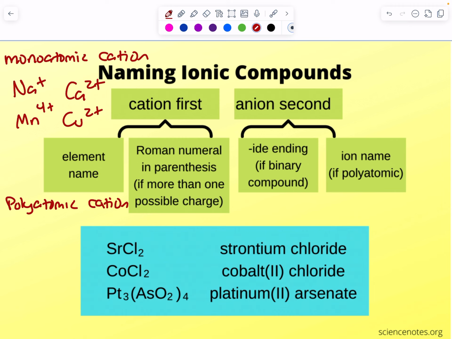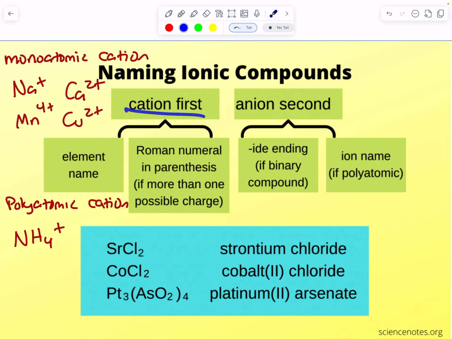Another type of cation that you might come across is the polyatomic cation. There's only one polyatomic cation that you know of, ammonium. Polyatomic, so multiple atoms. I have multiple atoms here, and it's a cation, it's positively charged. Those are the two types of cations that you will see in an ionic formula.